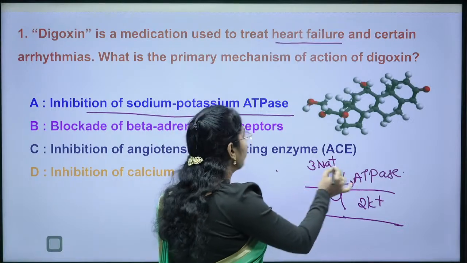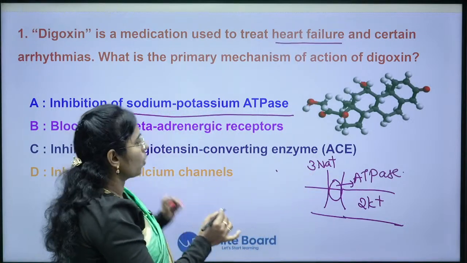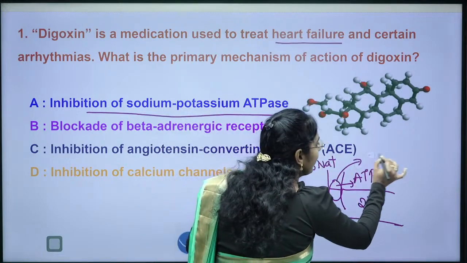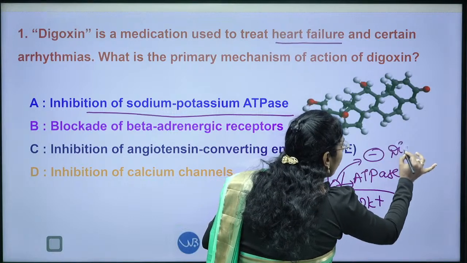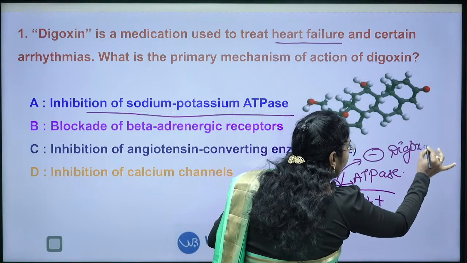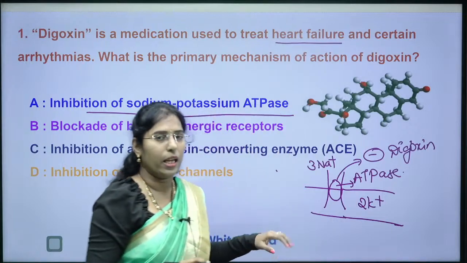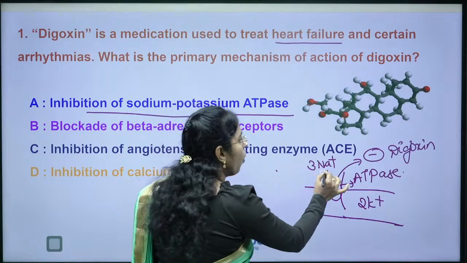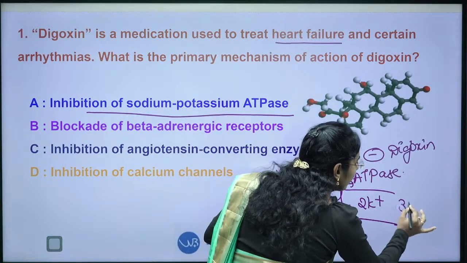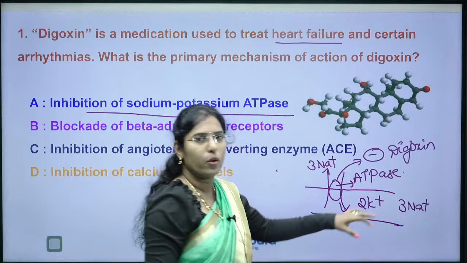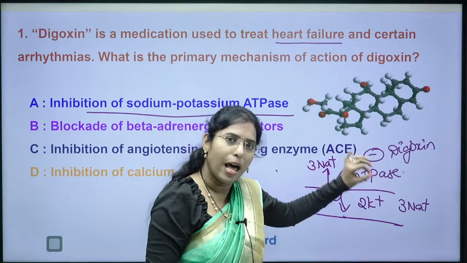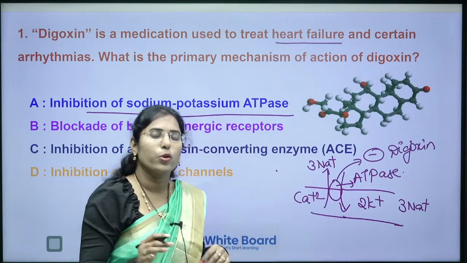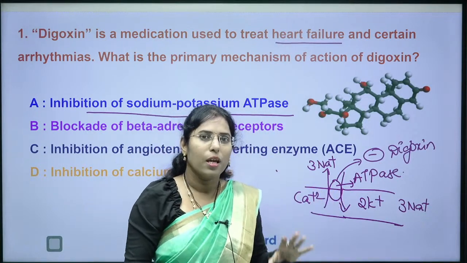So here we have the inhibition of the sodium potassium ATPase pump. What does digoxin do? Digoxin inhibits the sodium potassium ATPase enzyme. Whenever it is stopped, the sodium ion concentration increases, and along with that the calcium ions also increase.